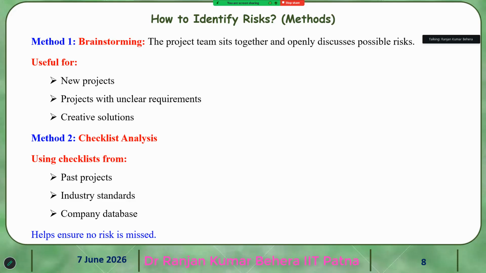Then we have a company database, and in this company database you can have many answers or many experiences. So they will give you how this project was moving. That is called the detailed project review report.